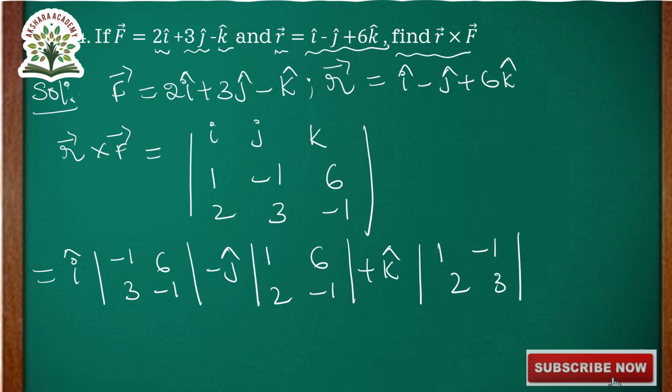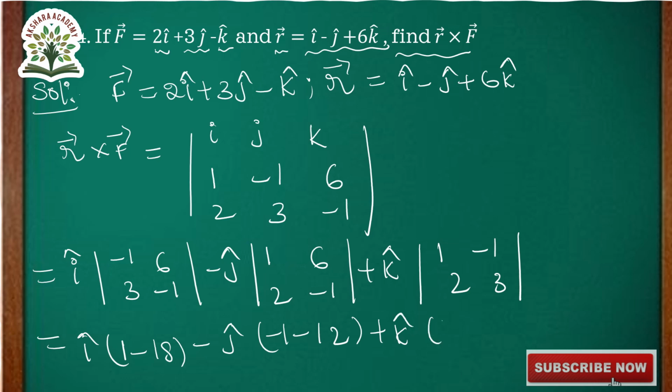Now that is equal to i cap of 1 into 1, 1, minus 1, minus into minus plus 1. Here 3 sixes are 18, minus 18, minus j cap of 1 into minus 1, minus 1, and 6 twos are 12, minus 12, plus k cap of 3 ones are 3, 2 ones are 2, minus 2, minus into minus plus 2.